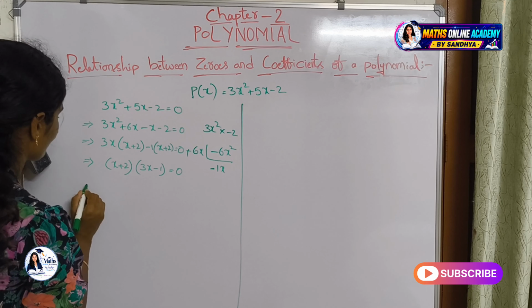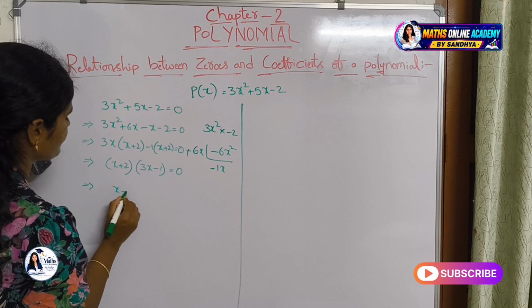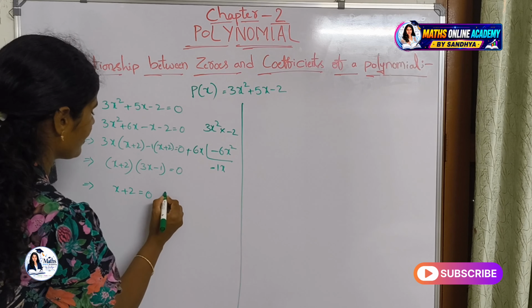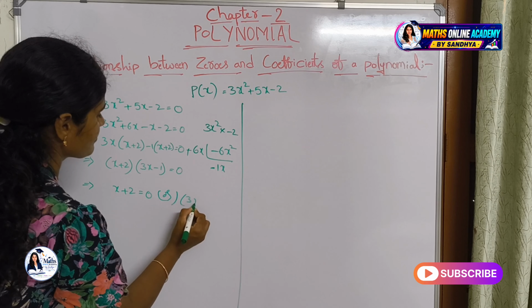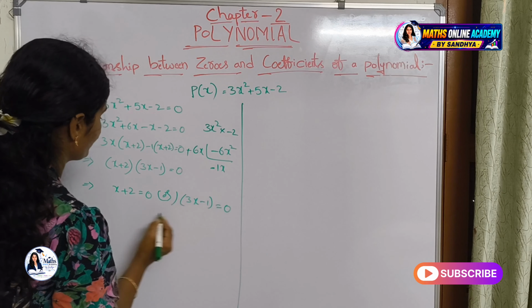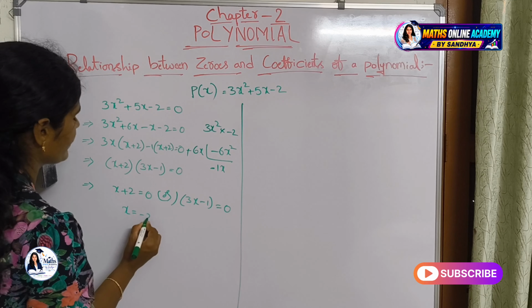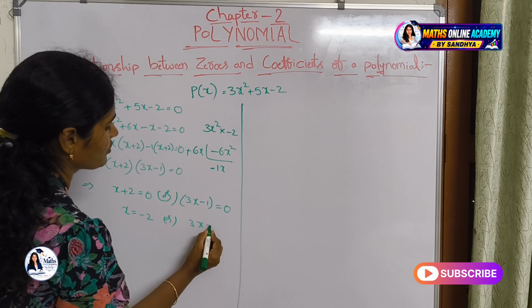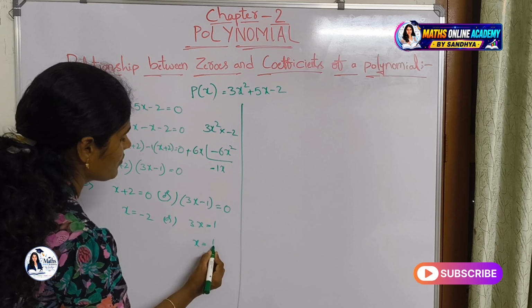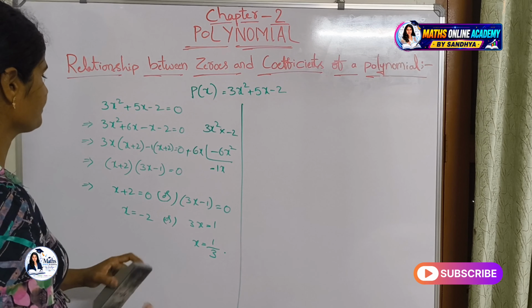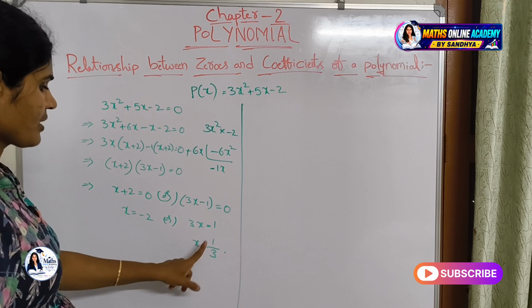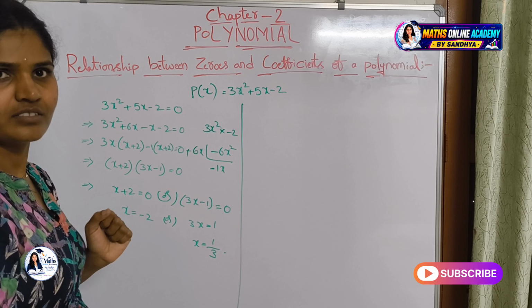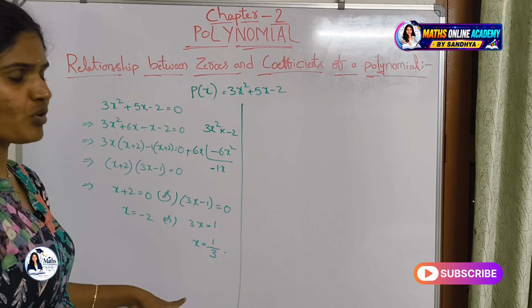So x plus 2 equal to 0, and again 3x minus 1 equal to 0. Here you get the answer x equal to minus 2, and here 3x equal to 1, x equal to 1 by 3. Minus 2 comma 1 by 3 are the zeros of the polynomial p of x. Okay, these are the zeros of the polynomial.